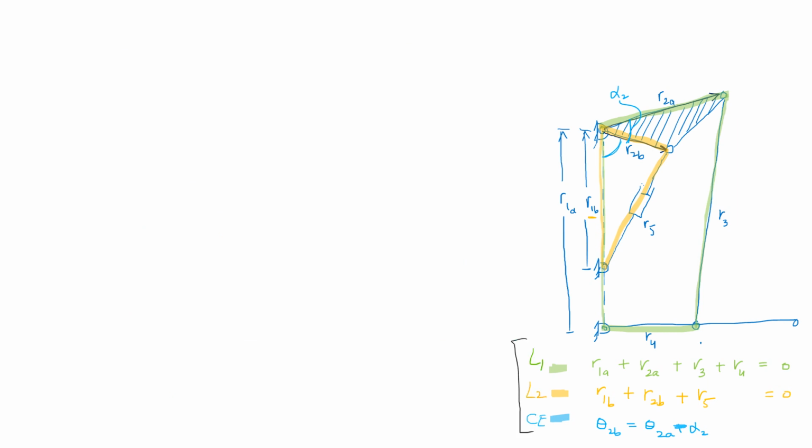Now, using the Euler notation, I'll say that the real part, from the previous equation, is going to be minus R2a theta 2a dot sine of theta 2a, then minus R3 theta 3 dot sine of theta 3, and then minus R4 theta 4 dot sine of theta 4.